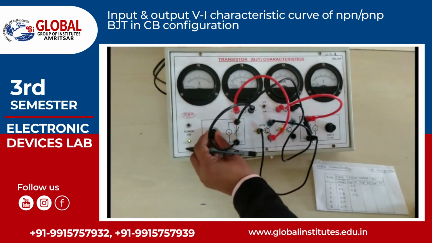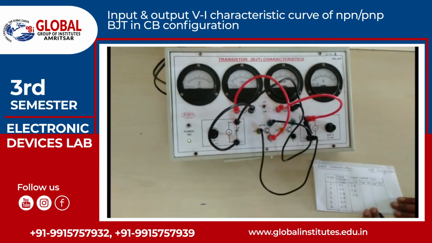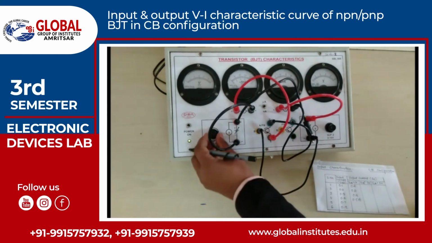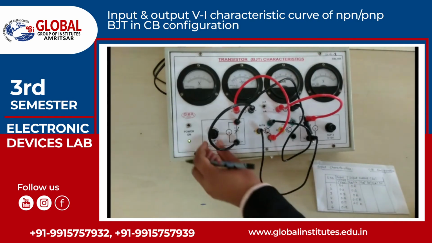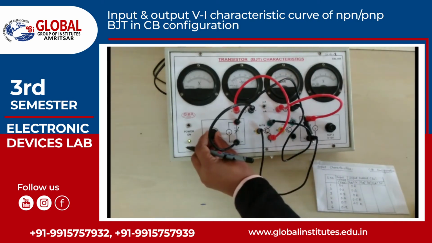At 0.6 volt it is approximately 0.5 milliampere. Now change the input voltage to 0.7 volt and current changes to 2.5 milliampere. Now increase the voltage to 0.8 volt.